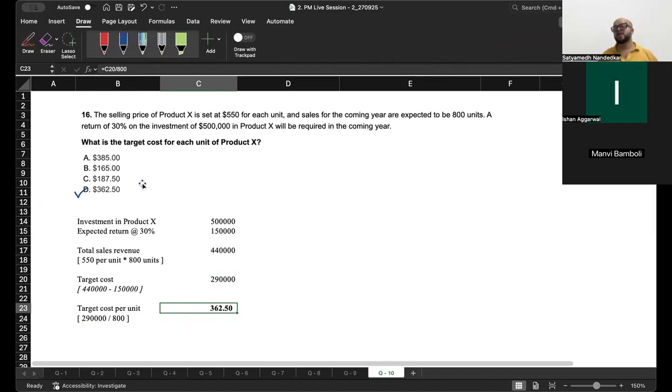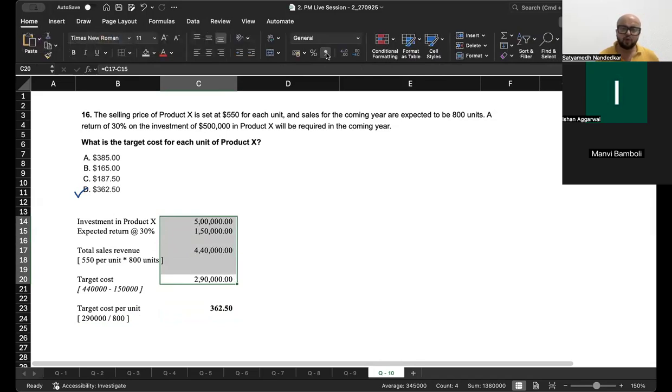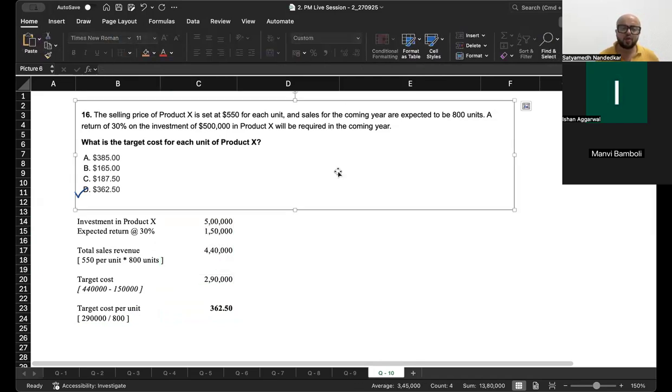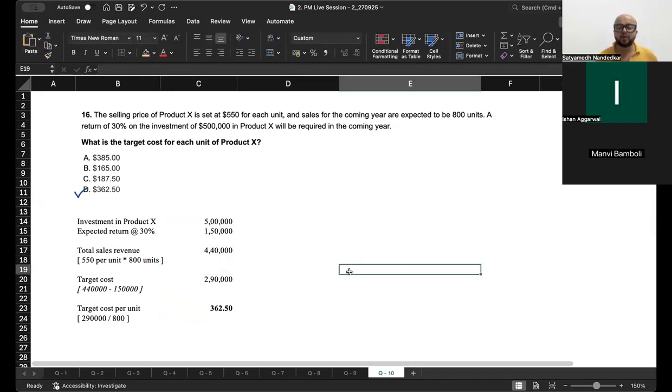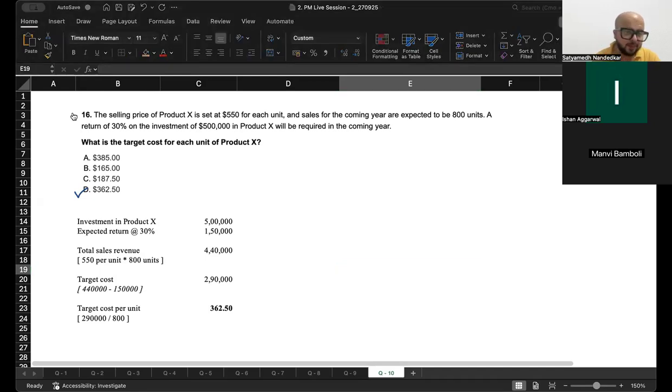Here, the total expected profit was not given as a percentage of sales, but they described it as a percentage of the total investment. ठीक है. So, when you do that, you get the target cost per unit 2,90,000 divided by 800. ठीक है. थोड़ा सा अलग था यहाँ पे, the method of expressing profit as a percentage of total investment.